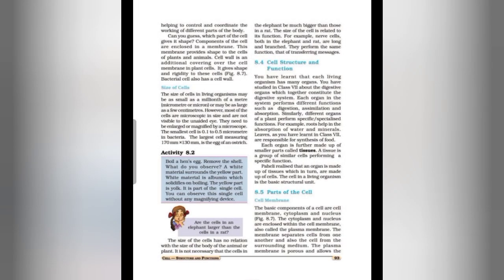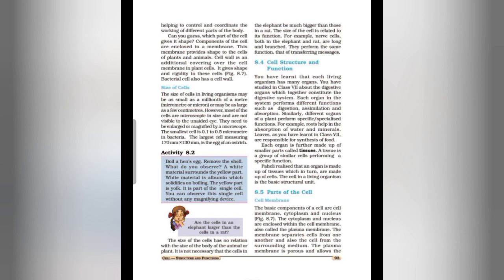Now, size of a cell. The size of a cell in a living organism may be as small as a millionth of a meter, that is a micrometer or micron, or may be as large as a few centimeters. However, most of the cells are microscopic in size and are not visible to the unaided eye.